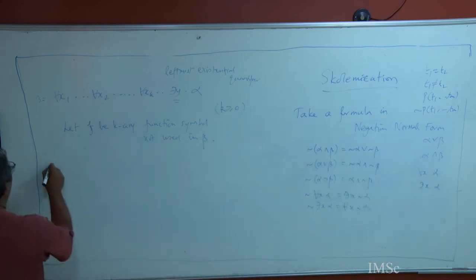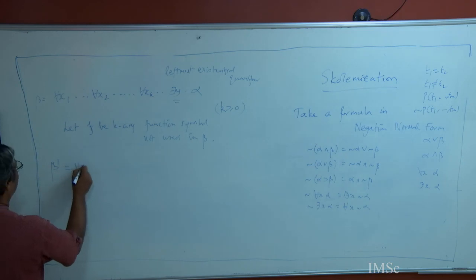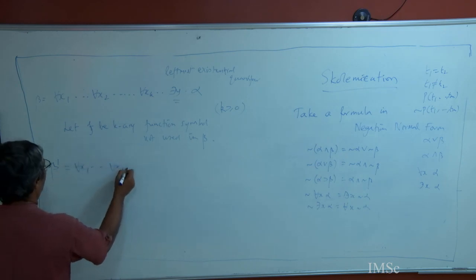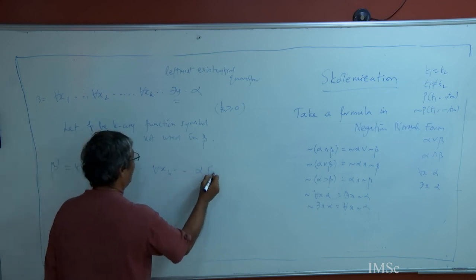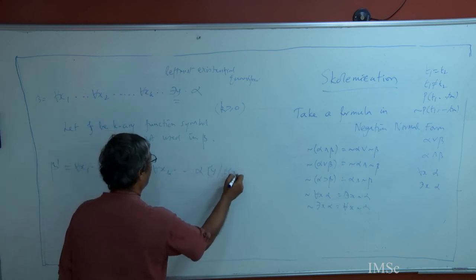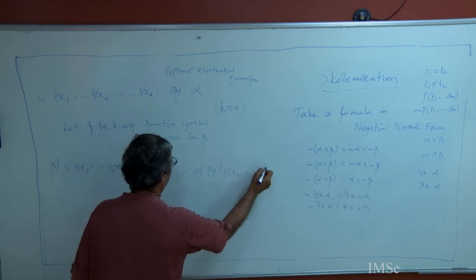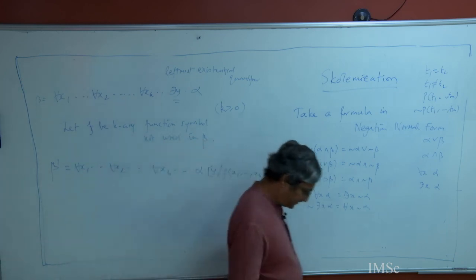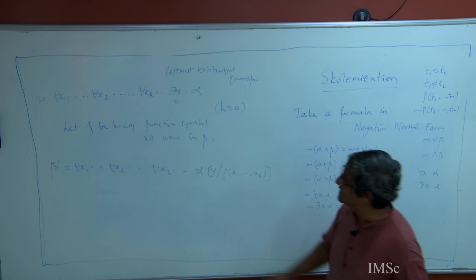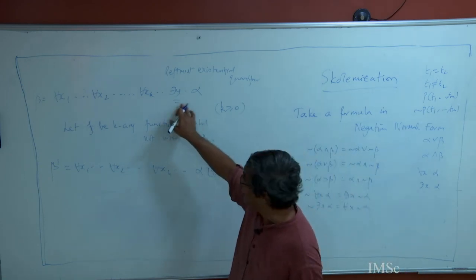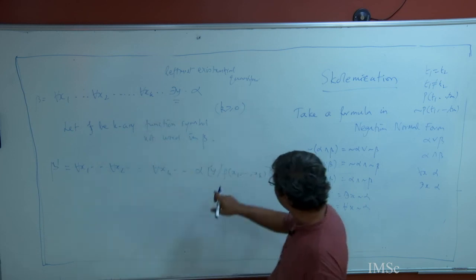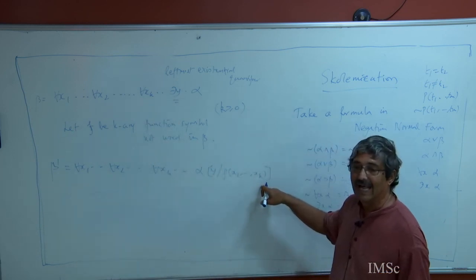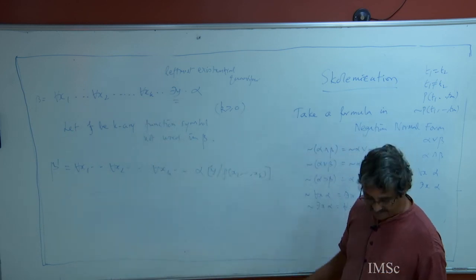So beta prime is the same thing, for all x1 through xk, and alpha with y replaced by f of x1 through xk. Why? Because this existential quantifier y depends presumably on all these x1 to xk. So replace it by f of x1 to xk.